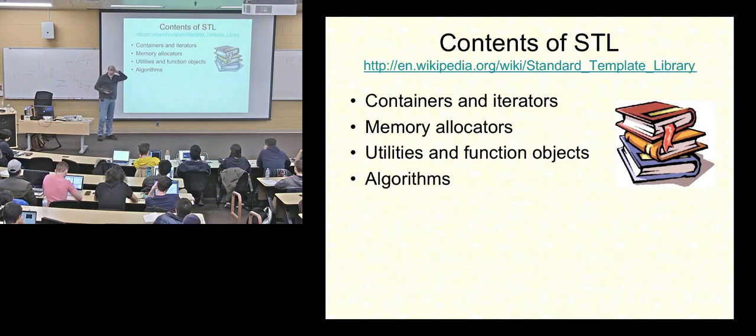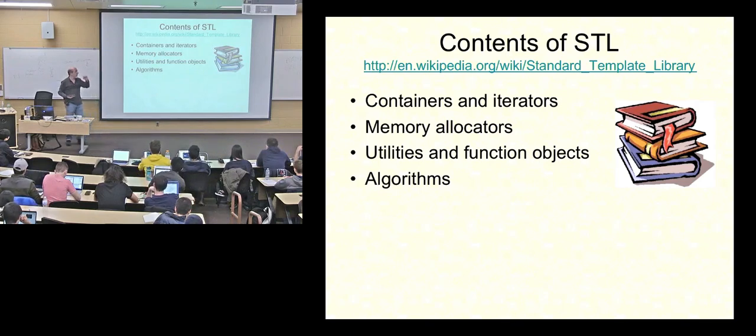Memory allocators. You're actually allowed to do things like say, hey, I'd like to create a vector of ints, and I'd like that vector to use my version of new instead of the standard version of new. Don't do that. Utilities and function objects. So utilities are small tools, like for instance, swap. If you'd like to change the values of 2 integers, you don't have to say int temp equals a, a equals b, b equals temp.